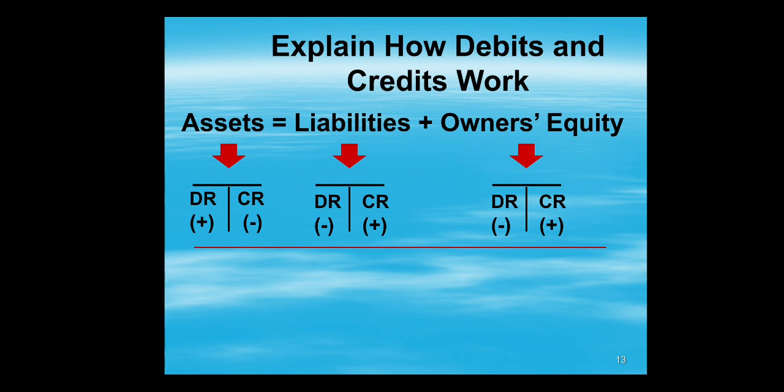If the liabilities decrease, you have to debit the account. See, the rule is the opposite. The way to record liabilities is the opposite of the way to record assets. The same goes for owner's equity. Increase in owner's equity, you have to credit. Decrease in owner's equity, you have to debit.